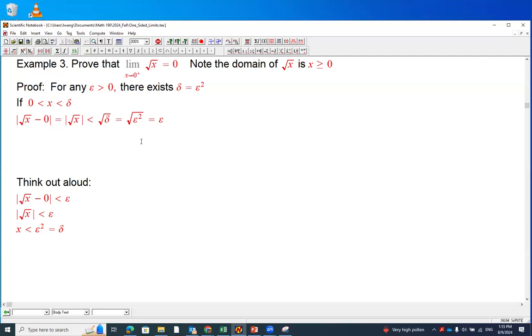We're done. So we have demonstrated that the function minus its limit, that difference in absolute value, is indeed less than epsilon. So you can see for any epsilon greater than 0, for x less than delta, the function minus the limit, absolute value, is less than epsilon.